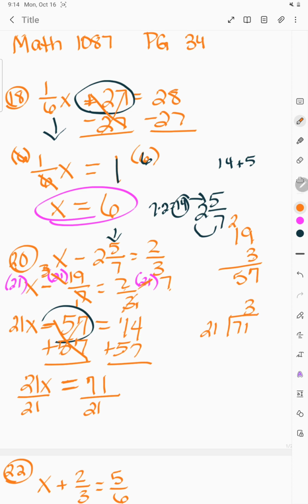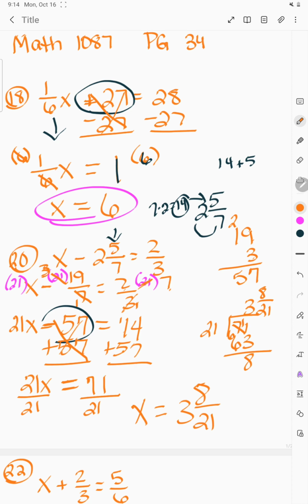So I'm going to say 3 times. 3 times 1 is 3. 3 times 2 is 6. 71 minus 63. So 3 and 8 over 21. So x is going to equal 3 and 8 over 21.